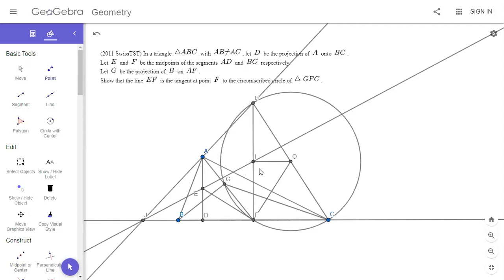So we want to show CA is a symmedian, basically. Or no, we want to show CG is a symmedian. I feel like I might have an overkill solution.